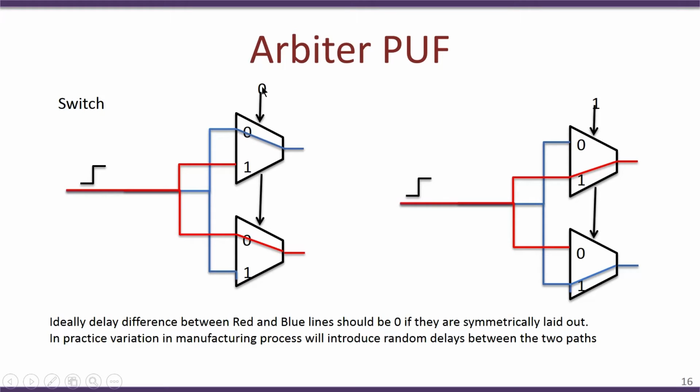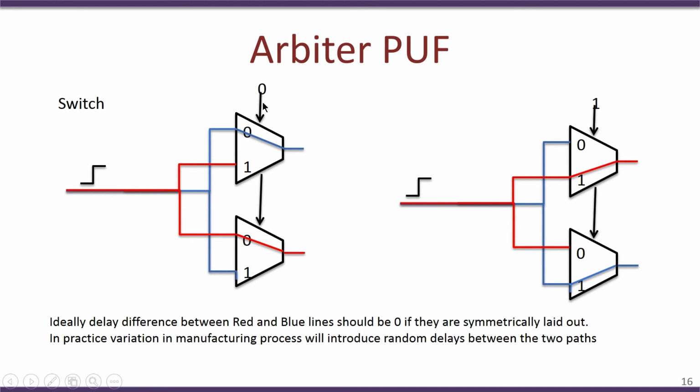So, for example, if the multiplexer select line is 0, then this input at the multiplexer is sent to the output. On the other hand, if the select line of the multiplexer is set to 1, then the input present at the second input, that is this input, would be switched at the output.